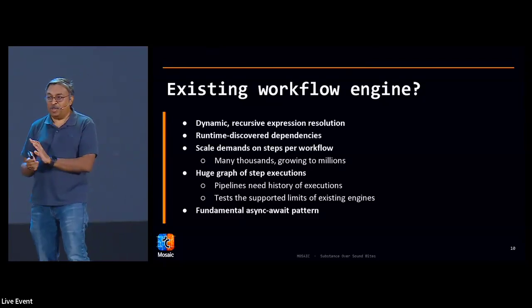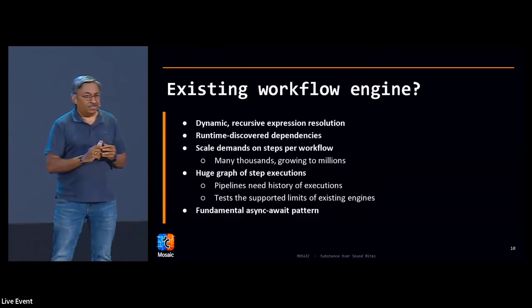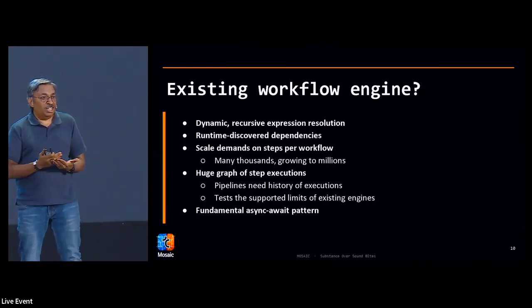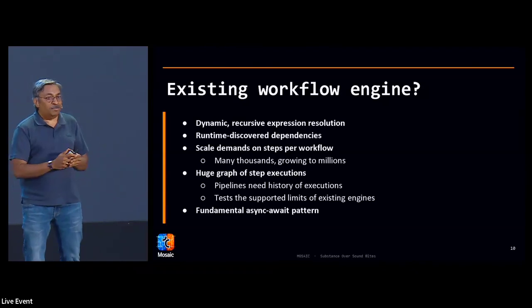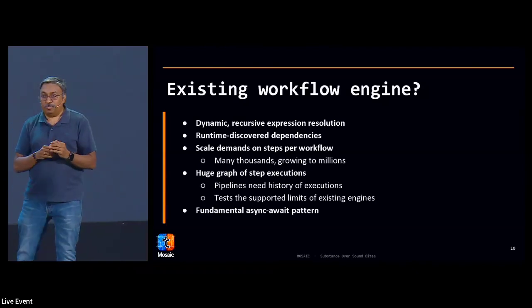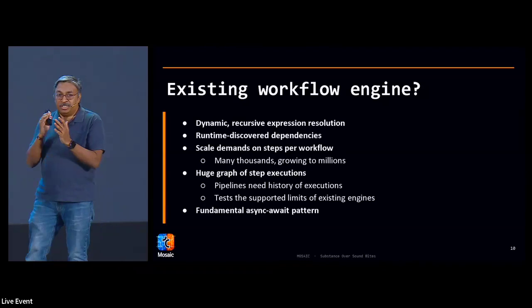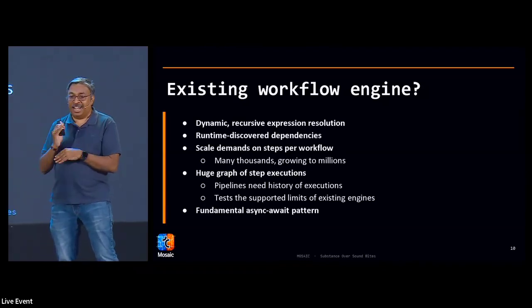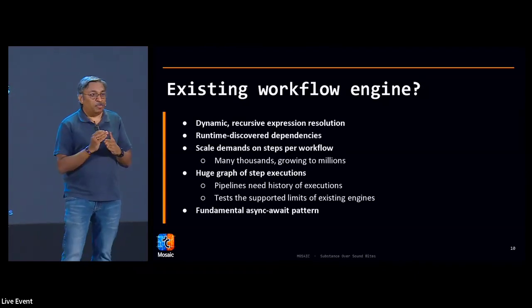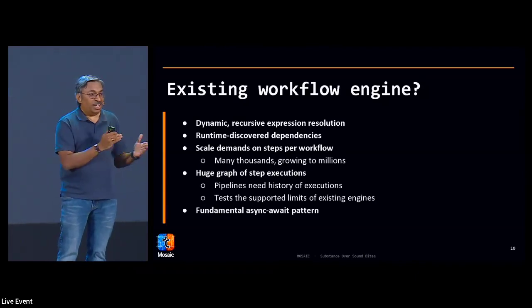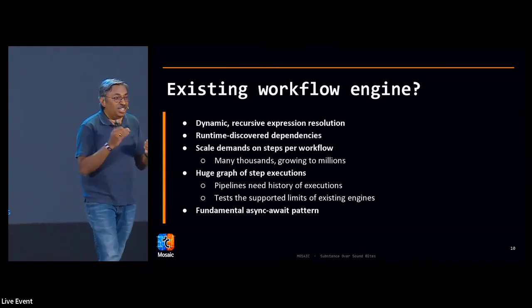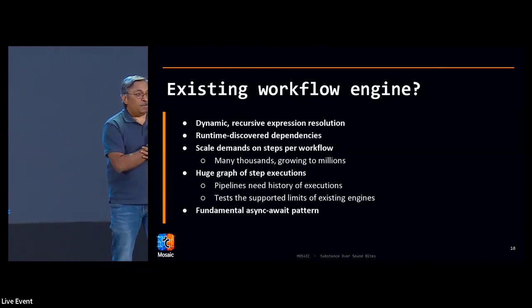You might think that workflow engines in the market can execute at really high scale. But the difference here is that we should understand which market we are going with. The scale demands are on a per workflow basis. That means, sorry, on the steps in the workflow basis: how many steps execute within a workflow?